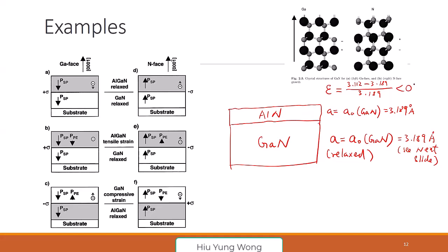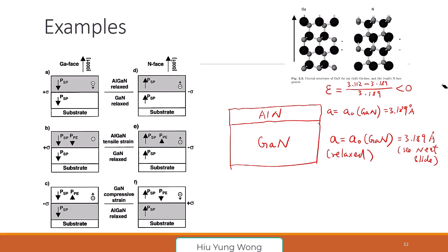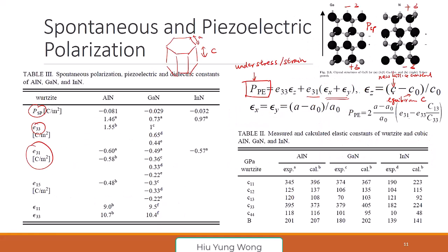This is negative. Do you remember negative is compressive stress? But you don't need the number, you know already, because, sorry, no, this is tensile stress. I'm sorry, I did this wrong, right? It should be the opposite. Let's go back again. A is the new lattice constant, right?